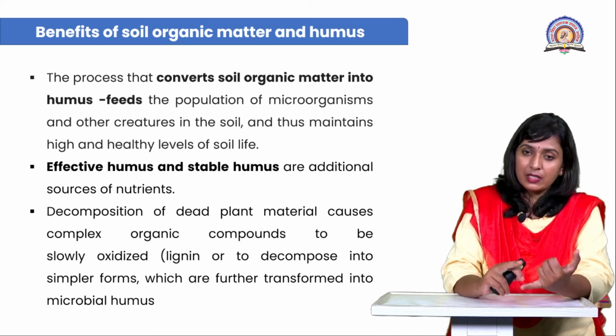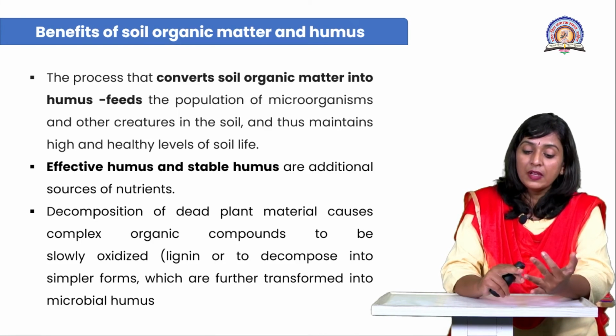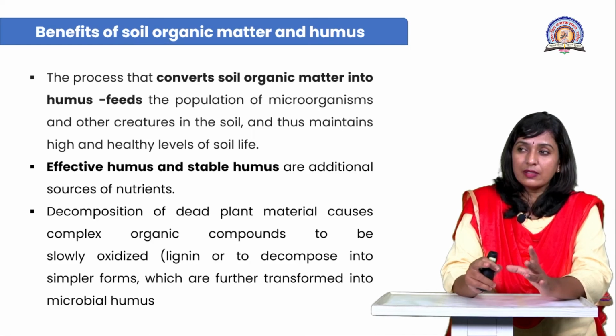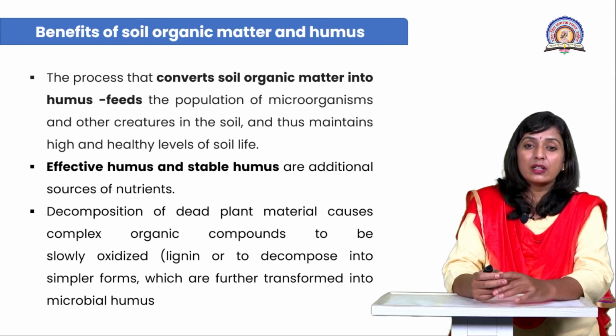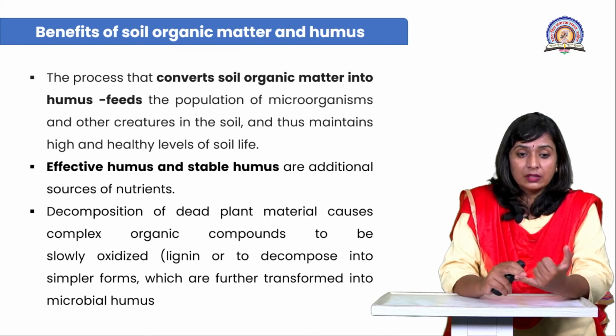Even effective humus is there which provides nutrient readily. Stable humus is there which acts as a buffer, or you can say which improves the soil quality as well as the quantity.